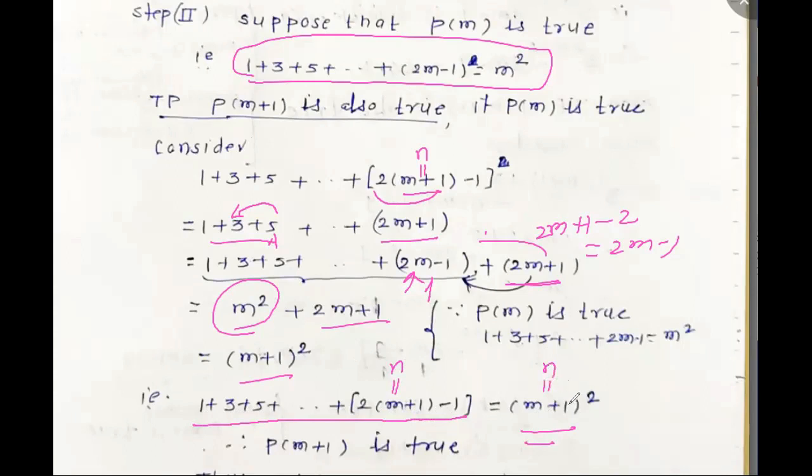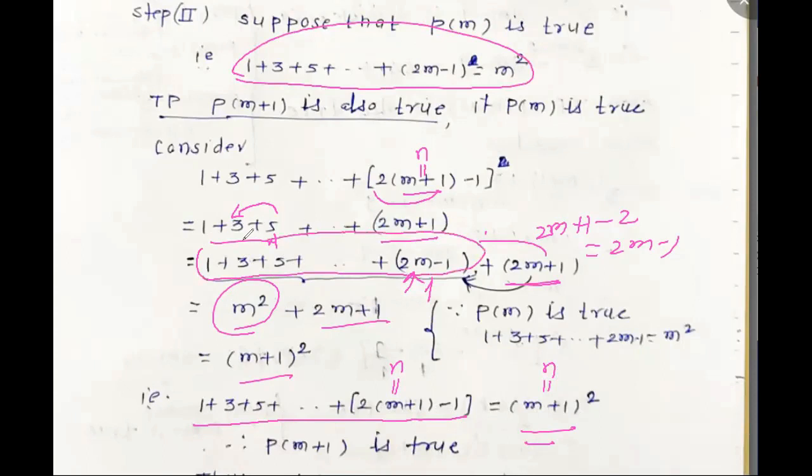So here also we get n equal to m plus 1. So P of m plus 1 is true, and for that we have used the information that P of m is true, so this sum is m square. So we have used P of m here.